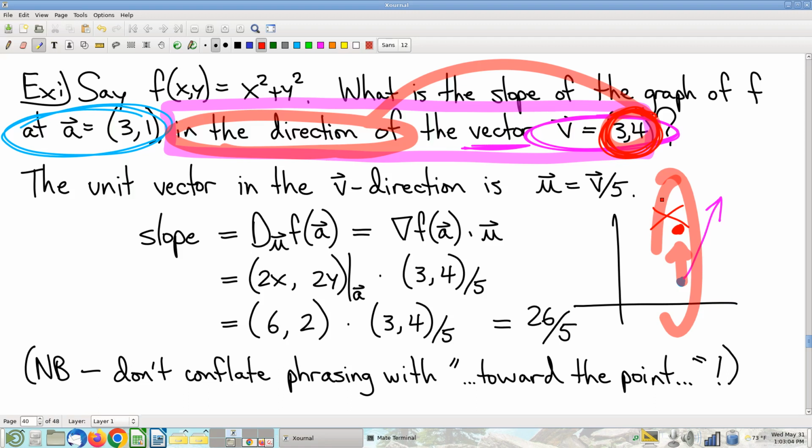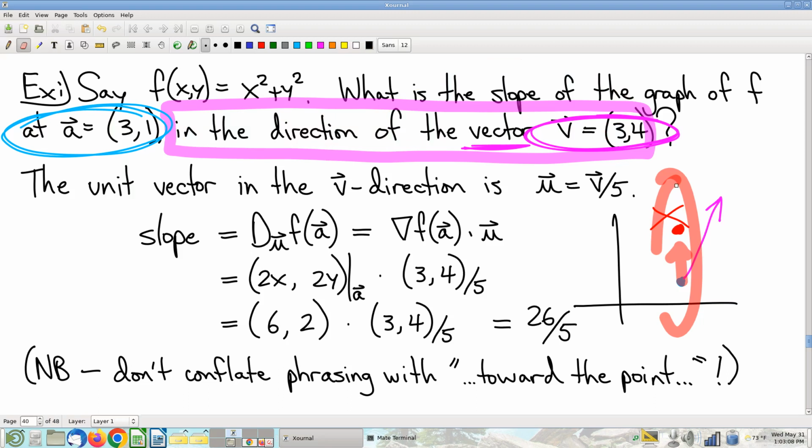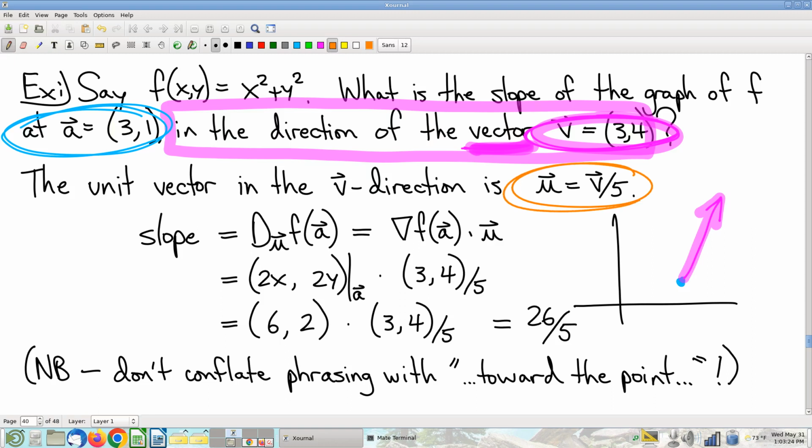You have to interpret the question as written. Again, the key phrase that distinguishes the wrong interpretation from the right interpretation here is that it says the vector (3, 4). That's what means that this, and the direction, which you'll recall we represented by a unit vector.